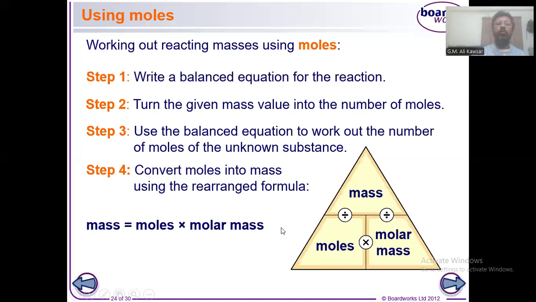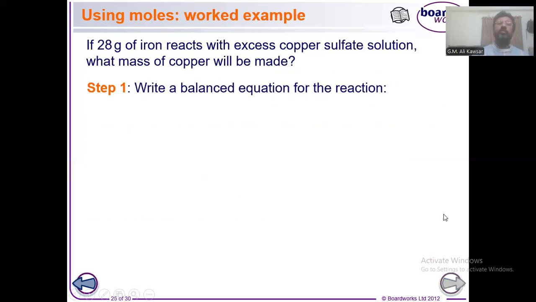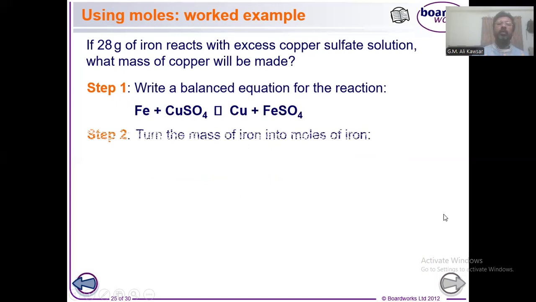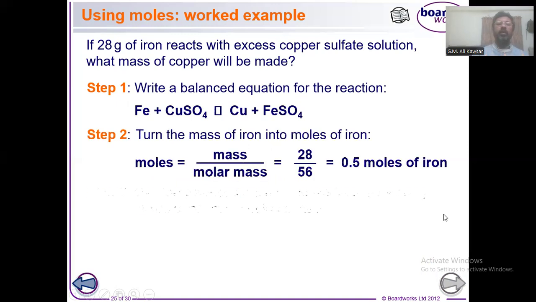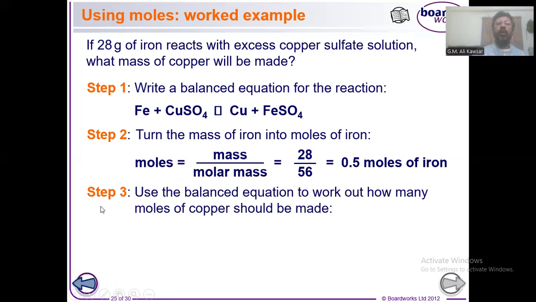We know this formula, right? Mass is equal to moles into molar mass. So moles of iron is 0.5. The balanced equation says that the amount of copper should be 0.5 as well.